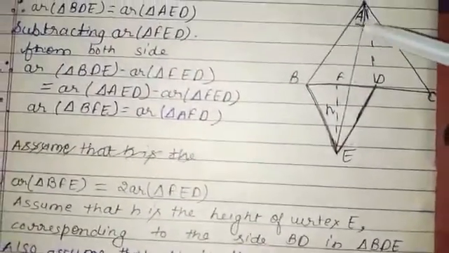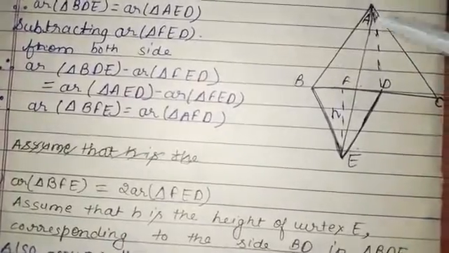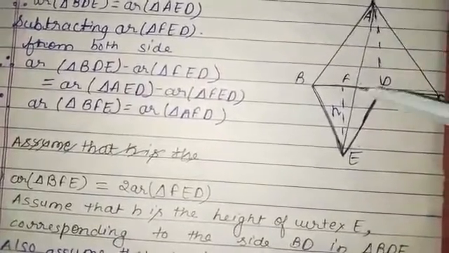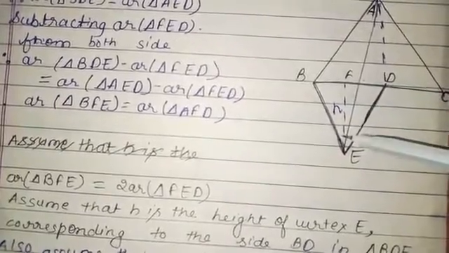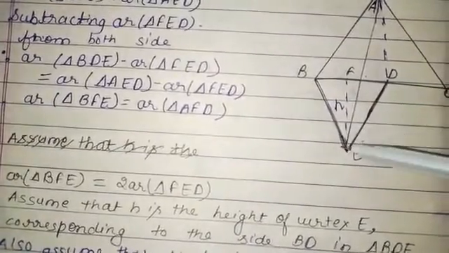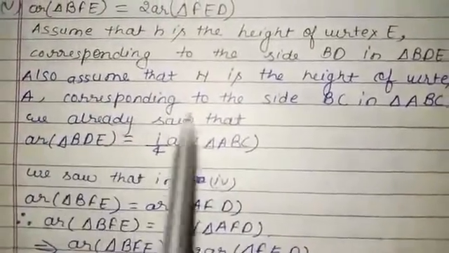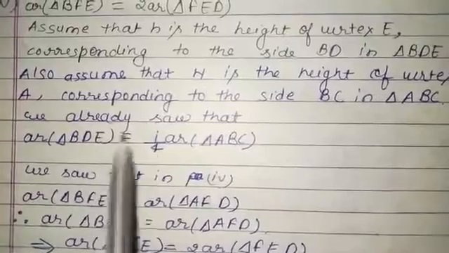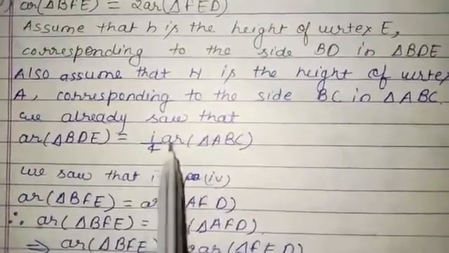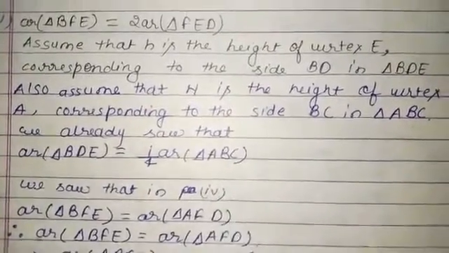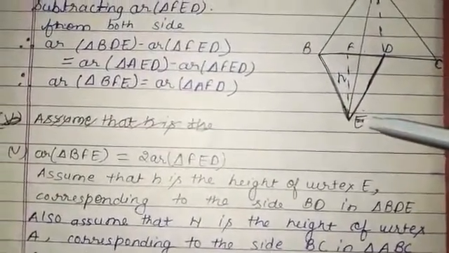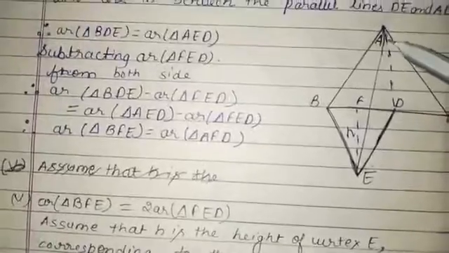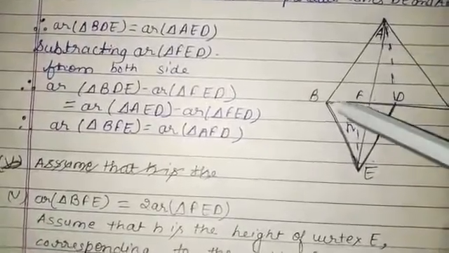So from A to BC the height is H, and in triangle BDE, H is the height from vertex E to BD. Now we already saw that area of BDE is equal to 1/4 area of ABC.